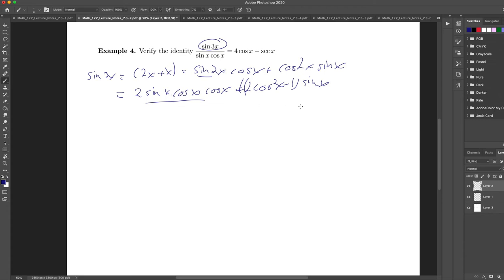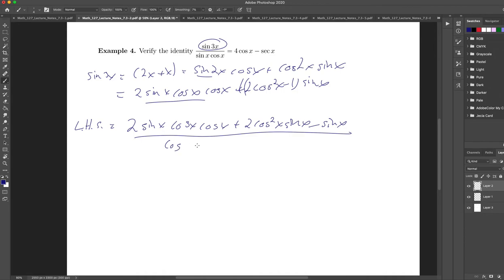Okay, so now that we have this, let's go ahead and just put it all together finally. So we'll start with the left-hand side. Alright, so I'll have 2 sine x cosine x cosine x plus 2 cosine squared x sine x minus sine of x, all over sine x cosine x.